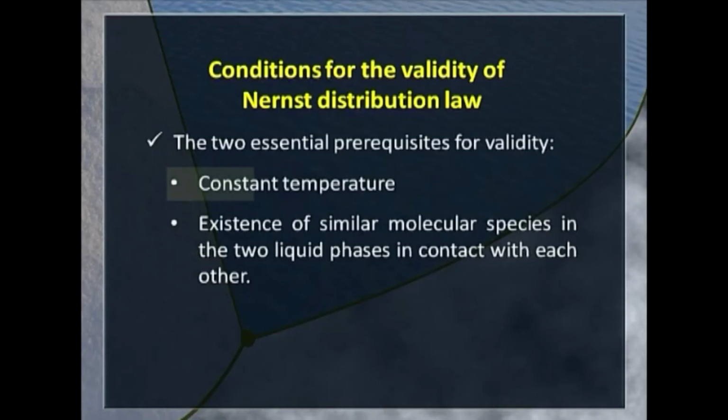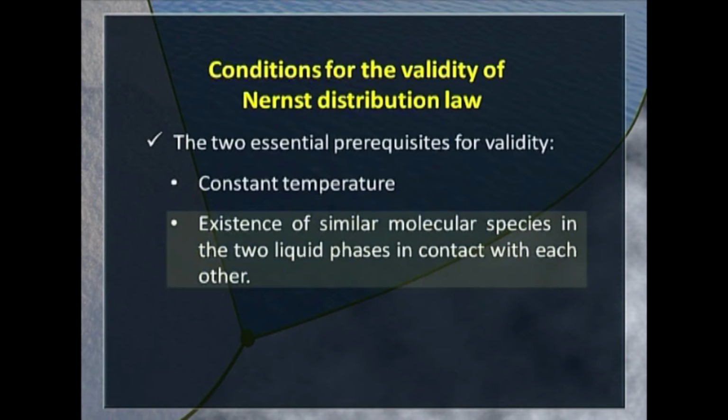There are certain conditions for the validity of Nernst distribution law because it is a simple statement which is made and we have to take into account whether there is any change in the molecular condition of the solute. There are two essential conditions or prerequisites for validity. One is the temperature should be constant, of course, because the solubilities of solutes in liquids depend on temperature.